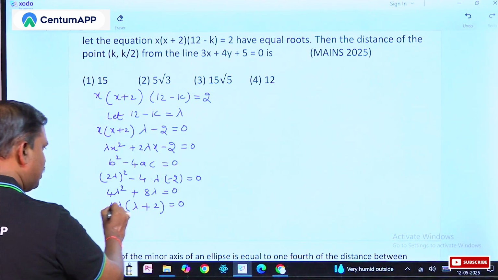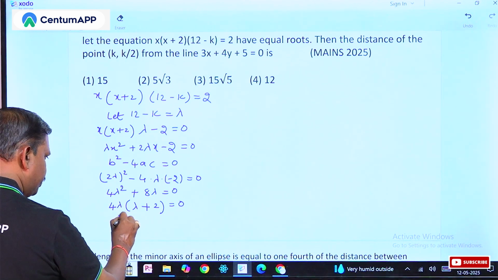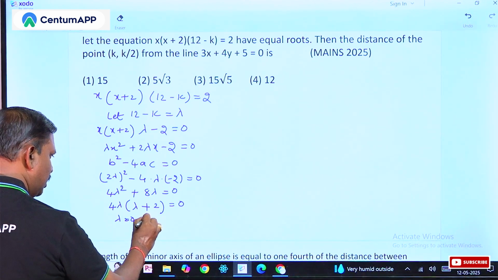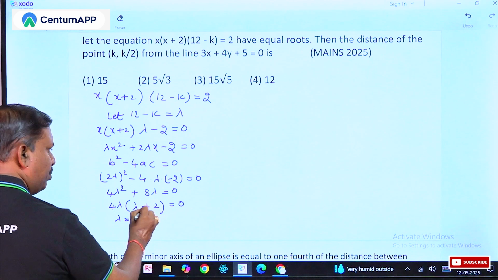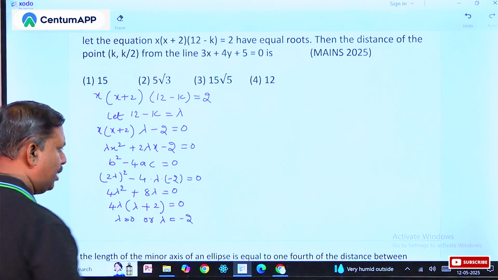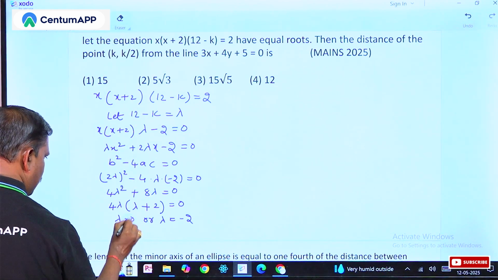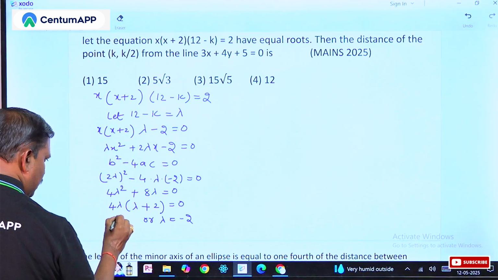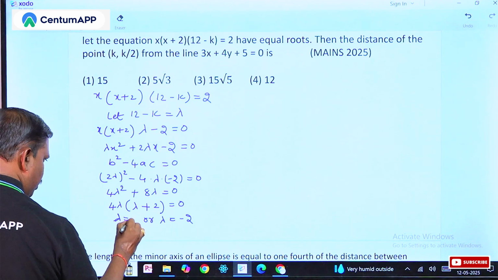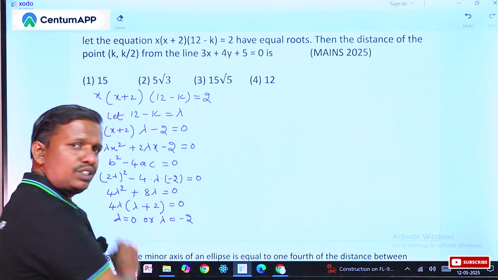Now from this equation, 4 lambda equal to 0 means lambda equal to 0, or lambda plus 2 equal to 0 means lambda equal to minus 2. See now lambda equal to 0.